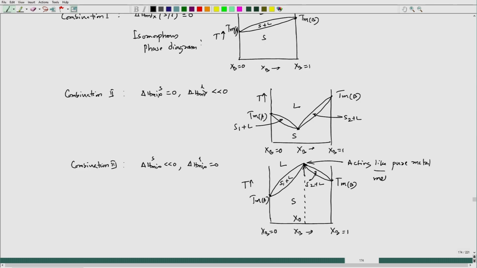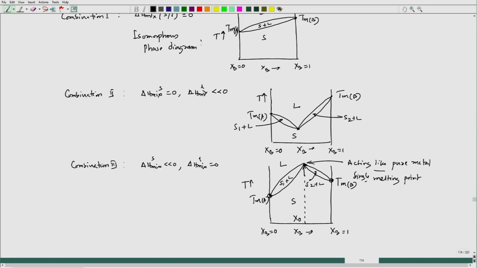So, that means the melting point is basically one single point, one single melting point, even though it has a presence of both A and B. For example, if we talk about the melting point of pure B, it melts at a particular temperature.